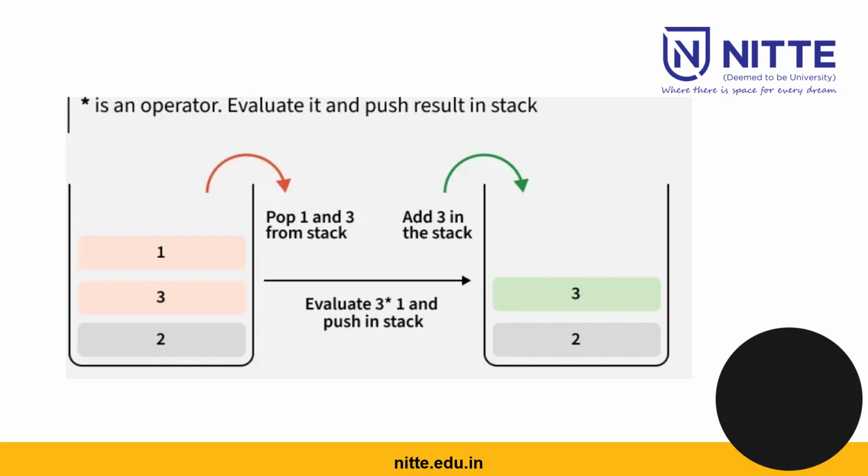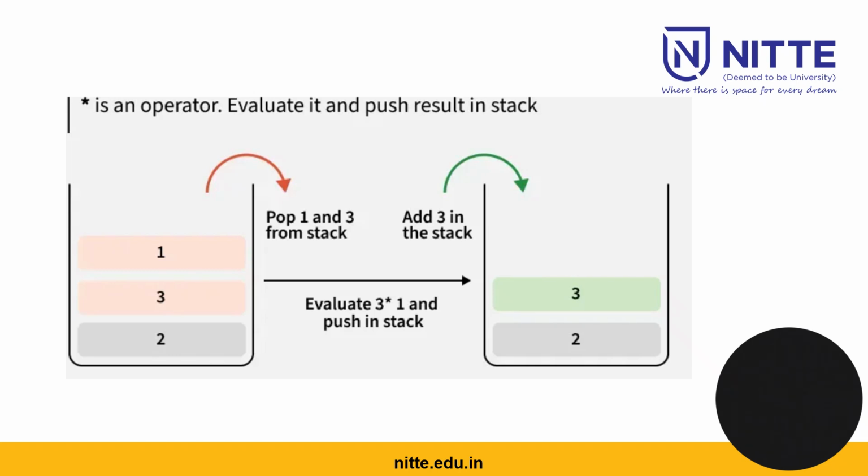So we pop the top two elements of the stack. Here the top two elements are 1 and 3. Using the multiplication operator I multiply 1 and 3 and get the result 3. Then I push that 3 back into the stack.